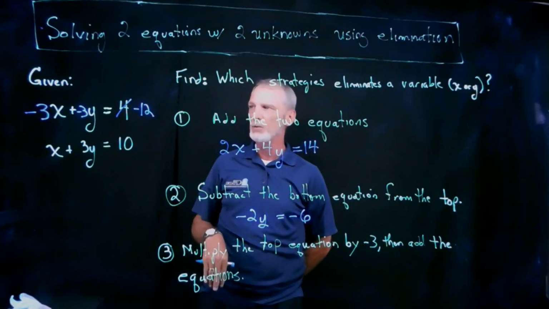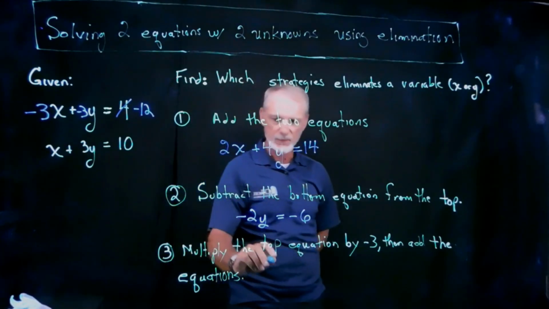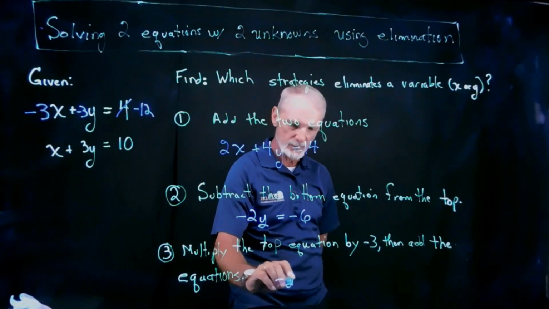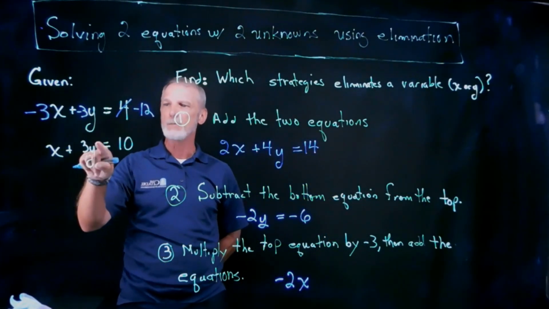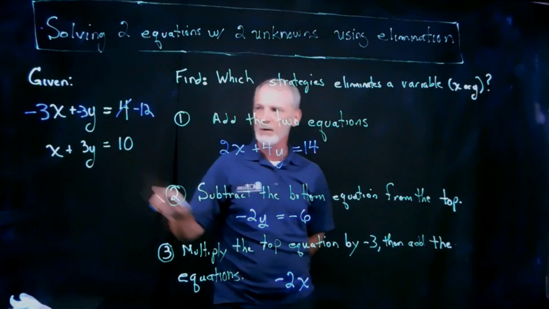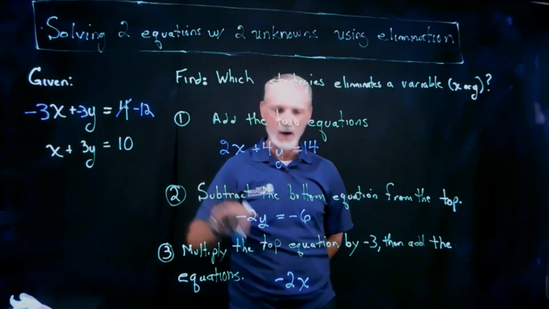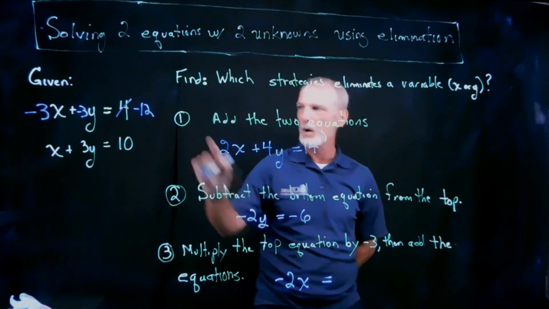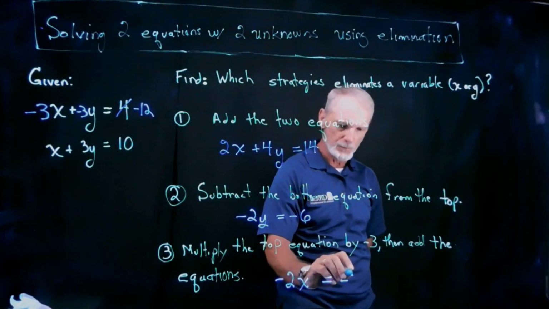So now let's add the two equations together. We'll get minus 3x plus x, which will give me minus 2x. And then we'll get minus 3y plus y, which will give me 0 y's, which I won't even write down. And then on this side, we'll get minus 12 plus 10, which will give me minus 2.